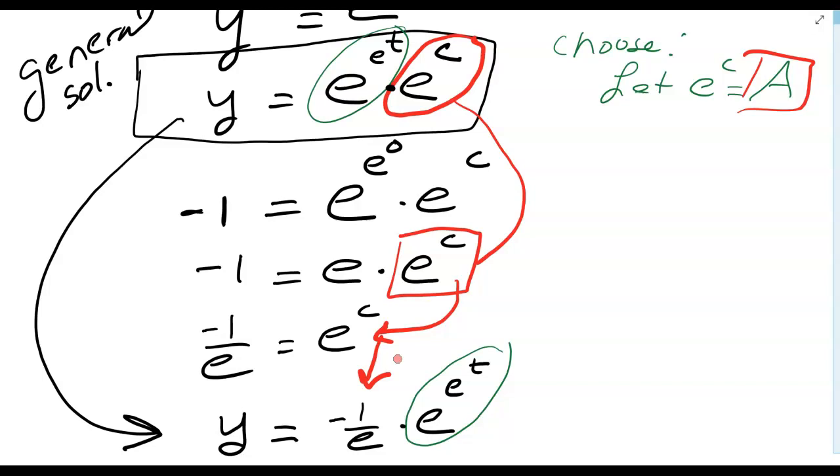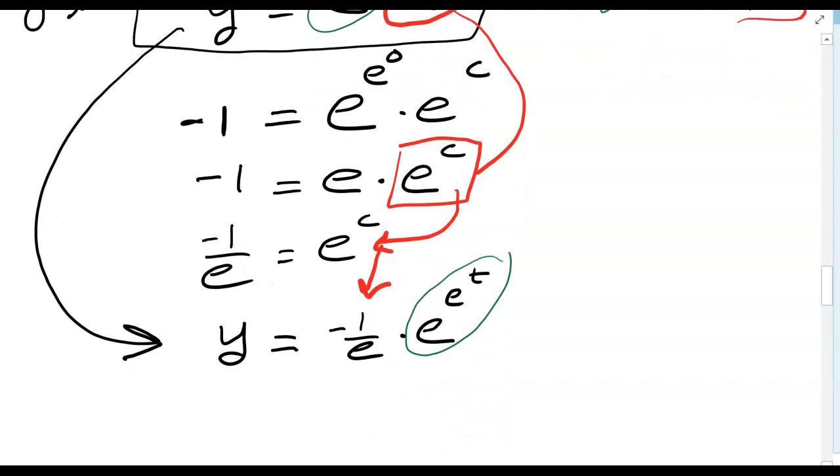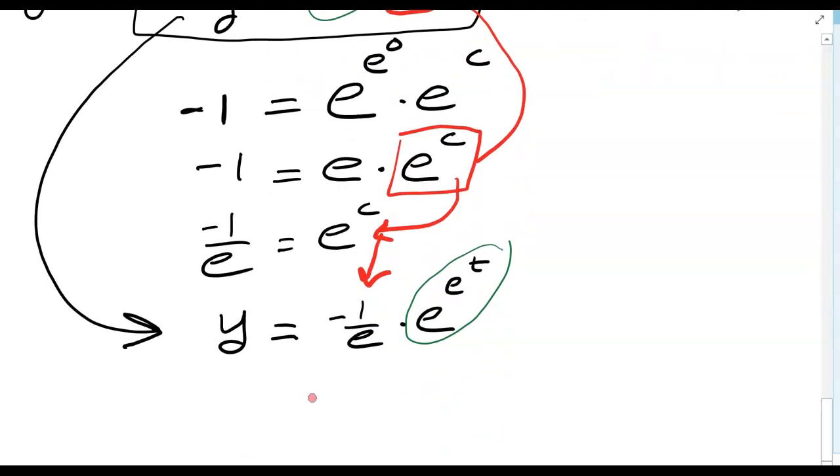There really isn't much you can do with that. That is your solution. That's all it looks like. y equals negative e to the t minus 1, with a negative on the outside.